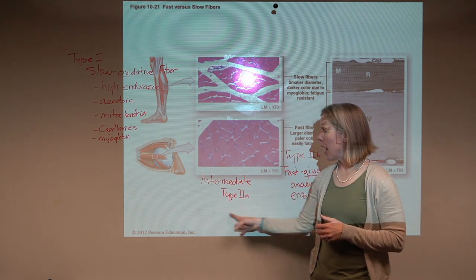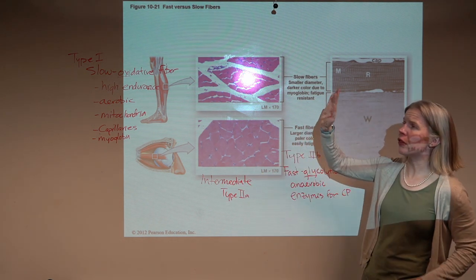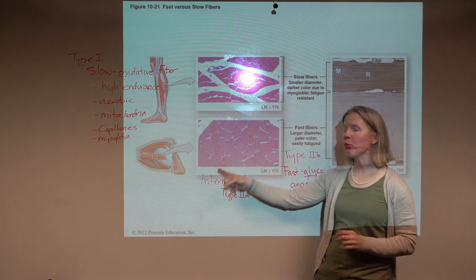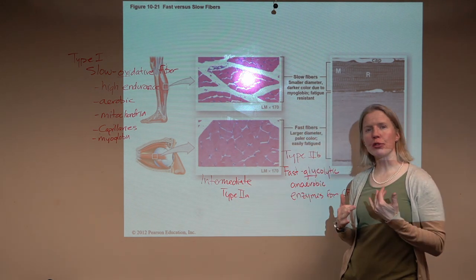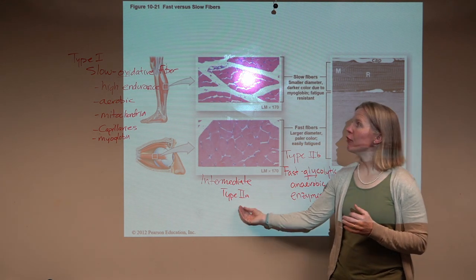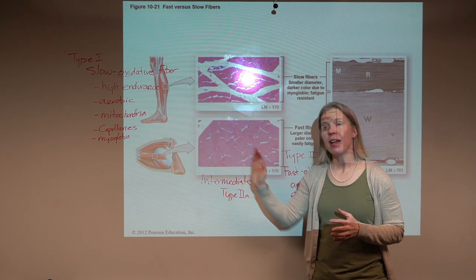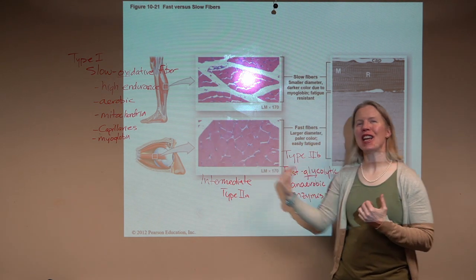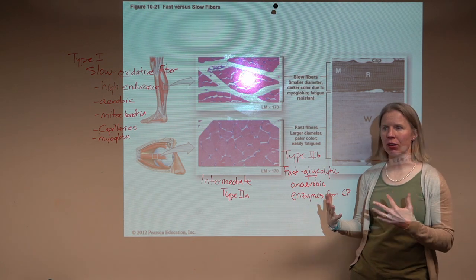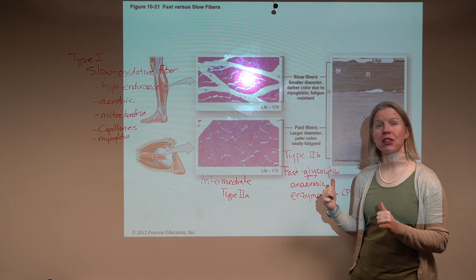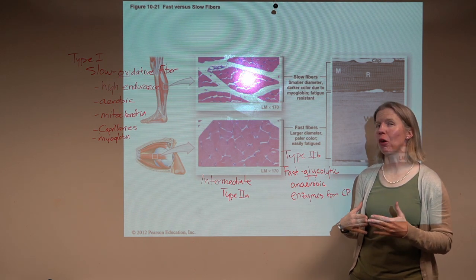But it's also type 1 is kind of set, type 2B, those are kind of set. These intermediate fibers, though, seem to respond more to training, right? So they're kind of that in between. If you do a lot of endurance training, they can kind of shift, right, to support that kind of activity. If you're practicing, to be the hurdler, right, a sprinter, that sort of thing, you can actually shift some of these intermediate fibers to be more fast twitch.